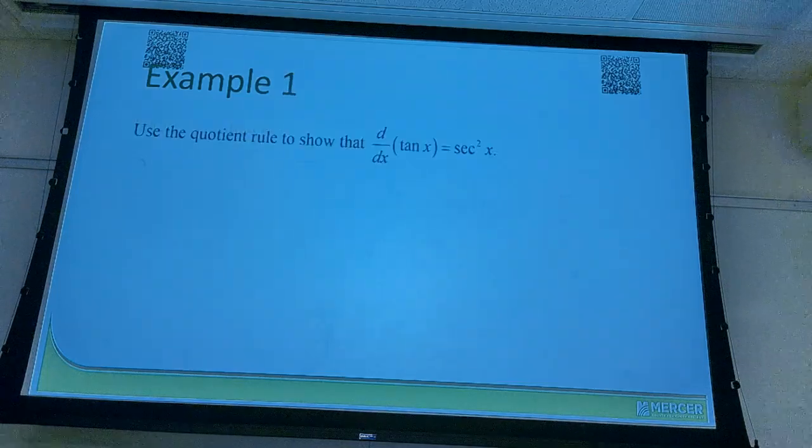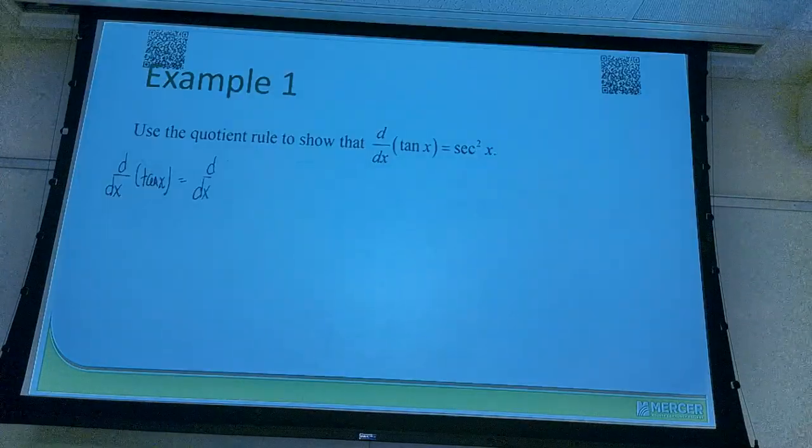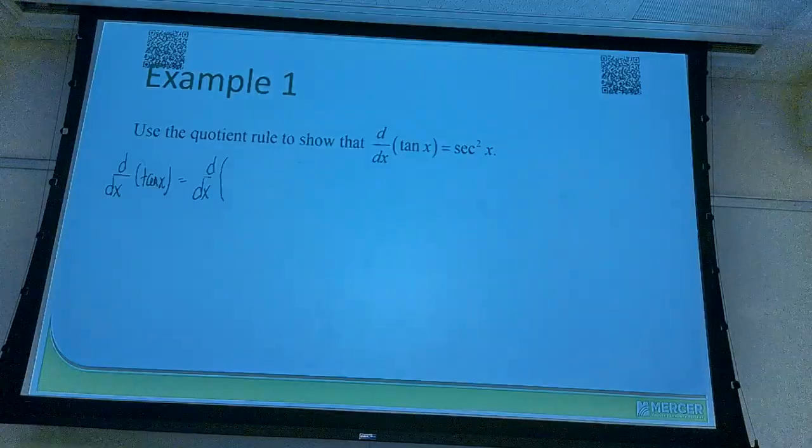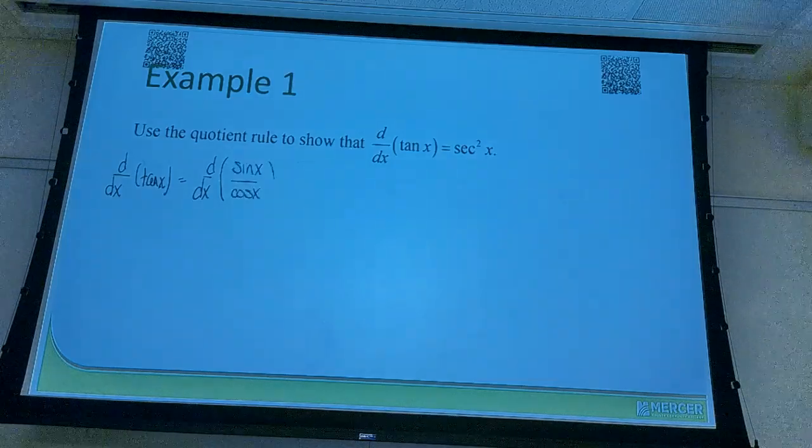We're actually going to derive the derivative of tangent. How can you write tangent in terms of sine and cosine? What's the quotient rule say?